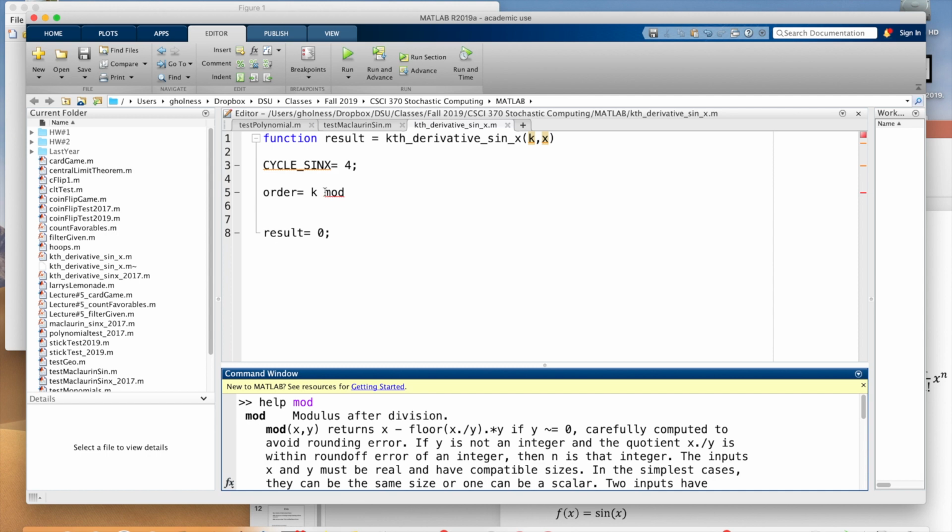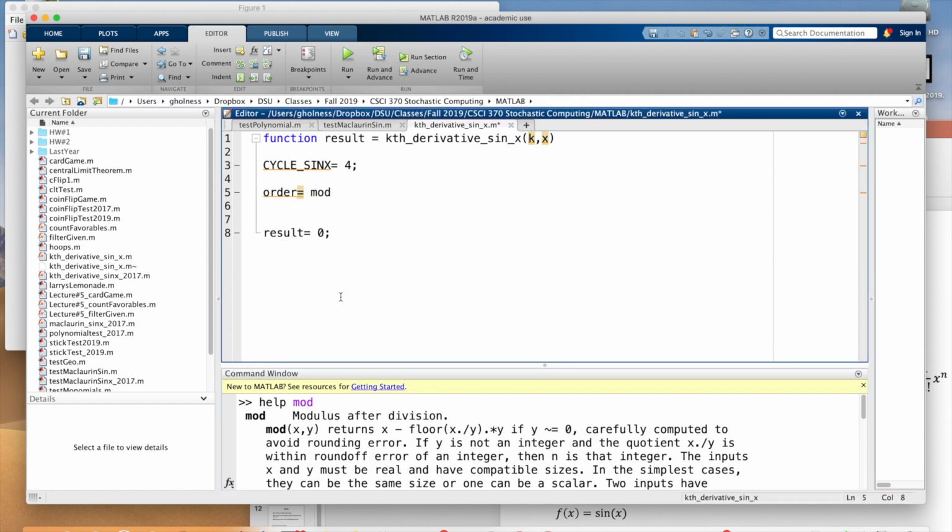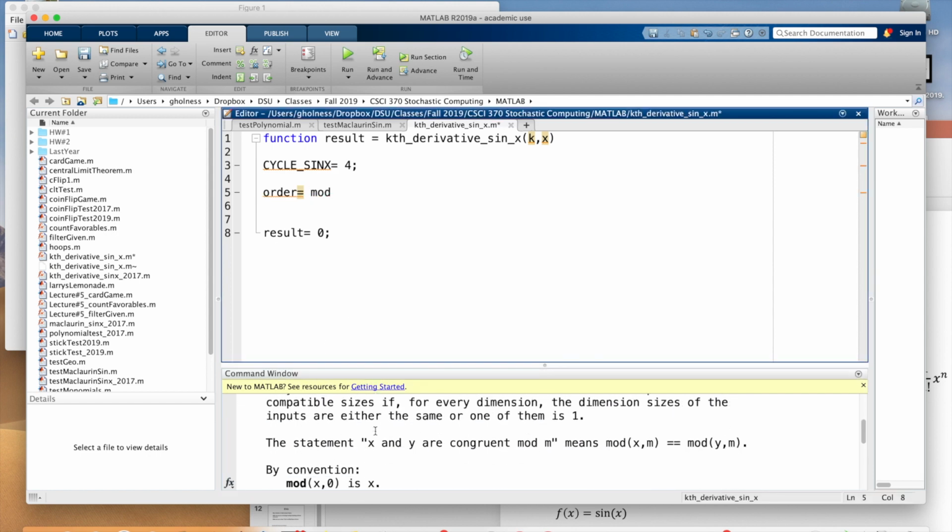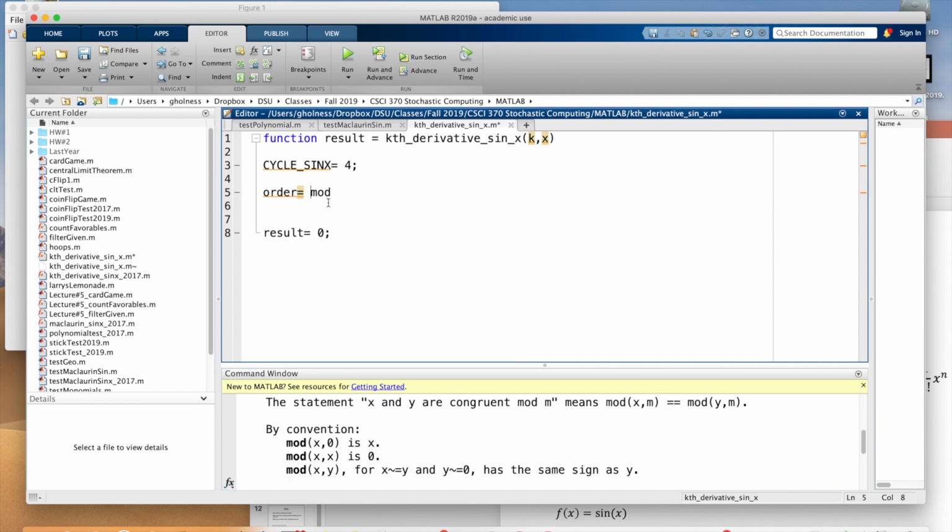Okay, so it's mod of k with the cycle of sine x. That's mathematically the same, I'll put it in a comment, as k mod cycle sine x, which is the same as k mod 4.